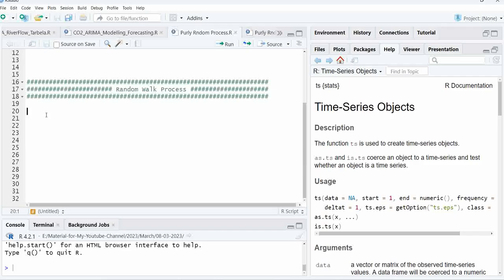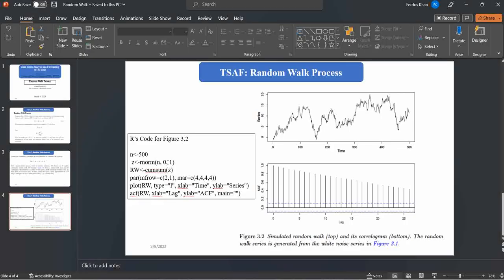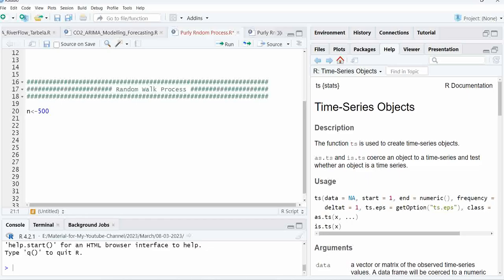Suppose we are drawing 500 observations. I will put n equal to 500. We simulate 500 observations from a normal distribution, with zero mean and unit variance.